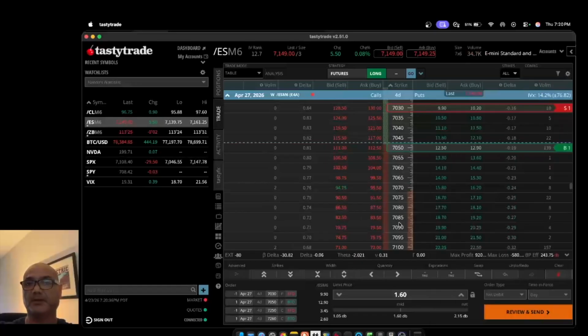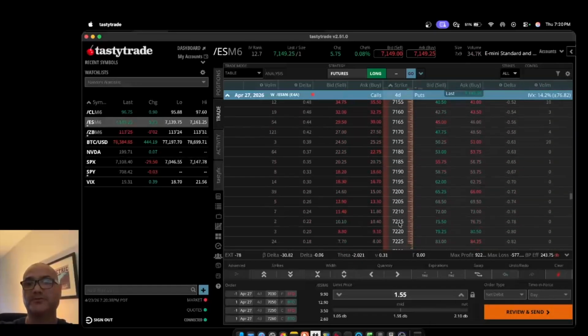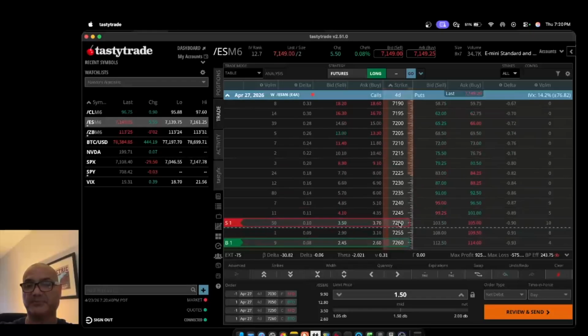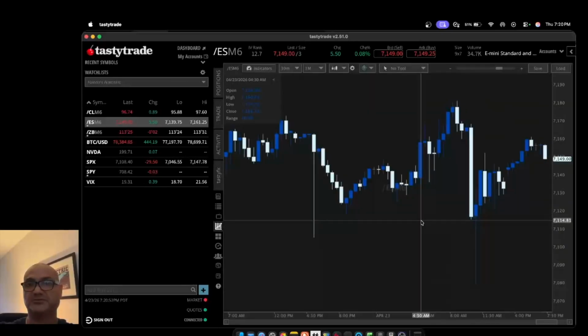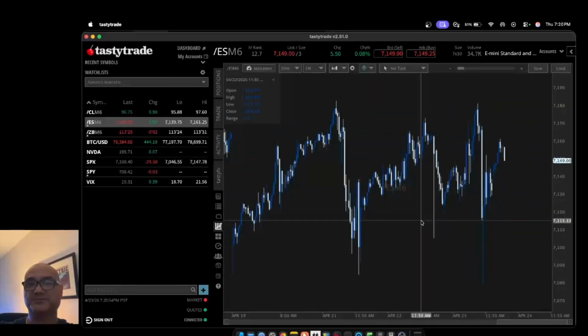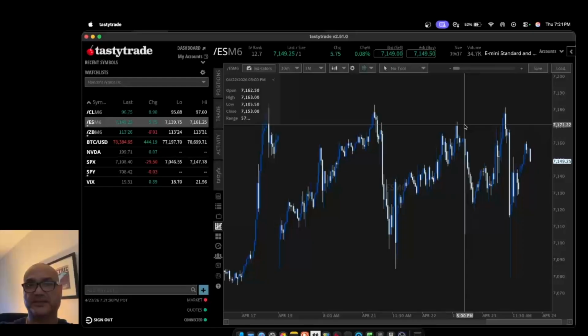Okay, so what we're looking for here with this type of setup is obviously we want the market to head lower. And as I briefly mentioned in the previous video, what really interested me in getting this trade done was that, again, I'm not a technical analyst.